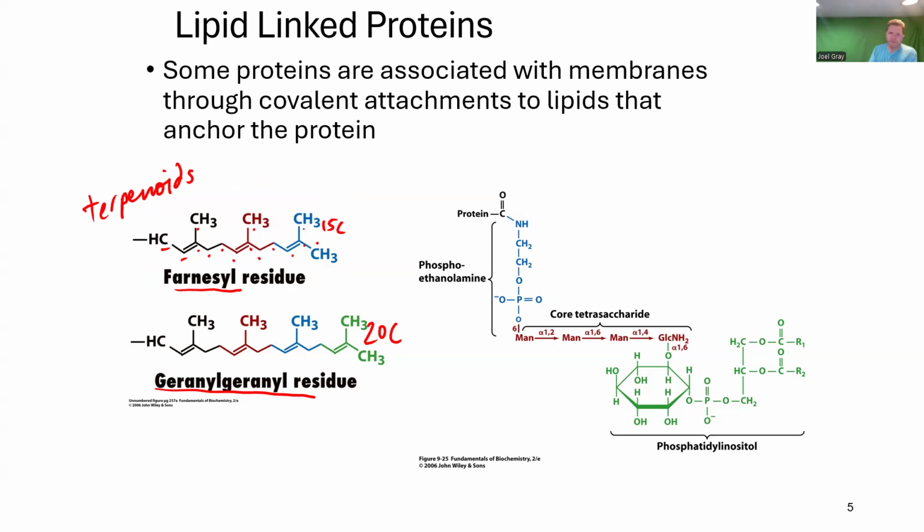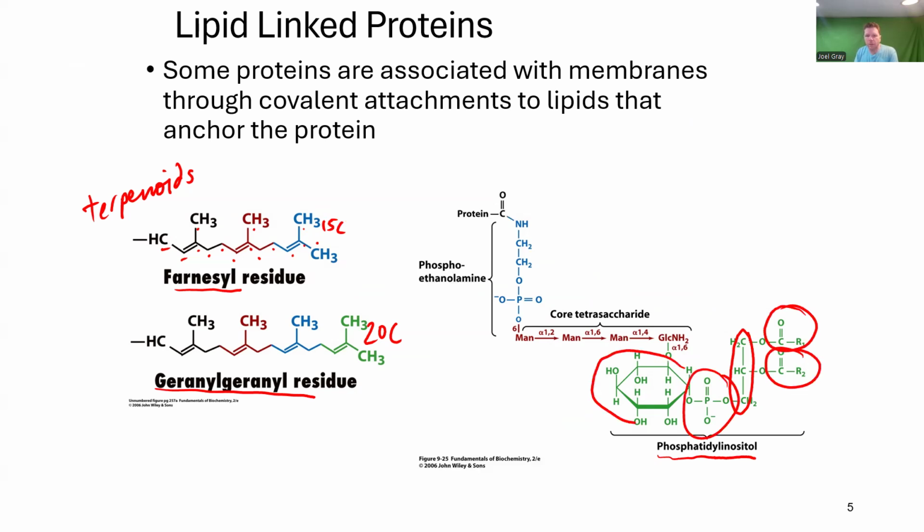Another way is looking back at something like this. Look at this. Phosphatidyl inositol. Oh, our model for a glycerophospholipid. Here's our glycerol. Here's our two fatty acid chains, 1 and 2. Here's our phosphate group.